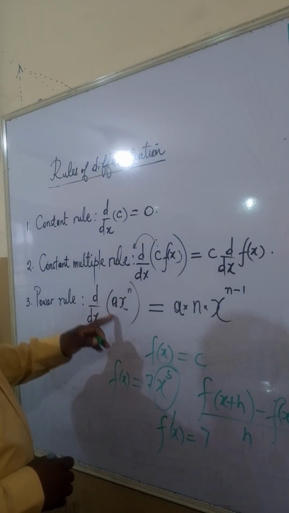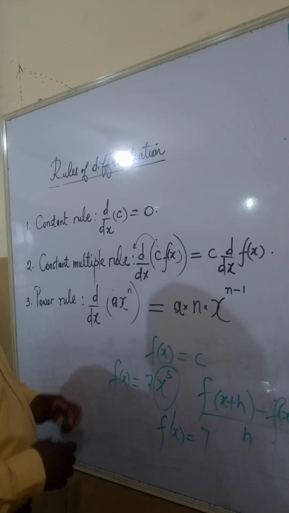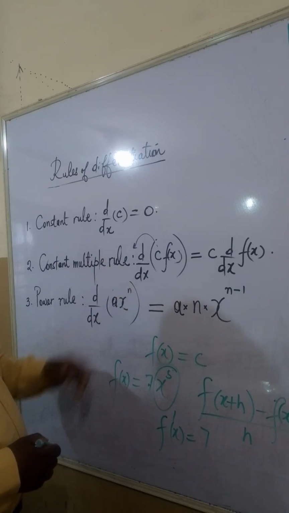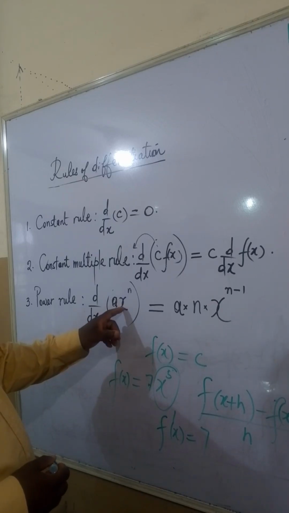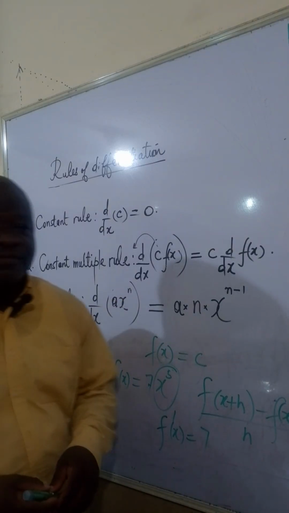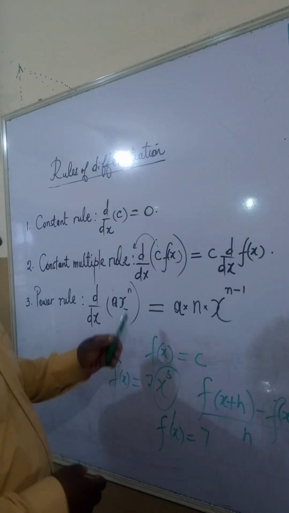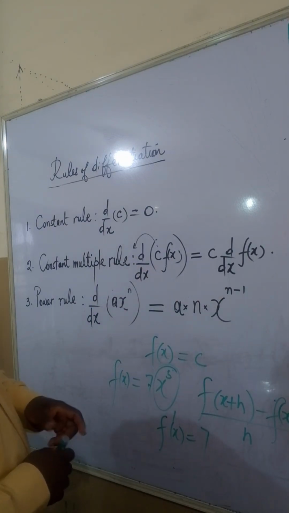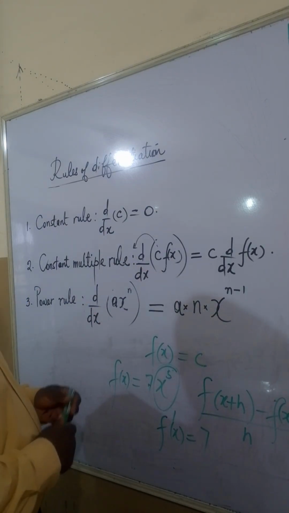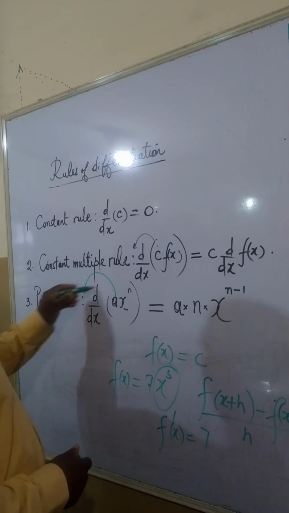If you are given a function in power form, a constant number a times x^n, a variable raised to power n, how do you differentiate this? From rule number 2, we can bring out this a.